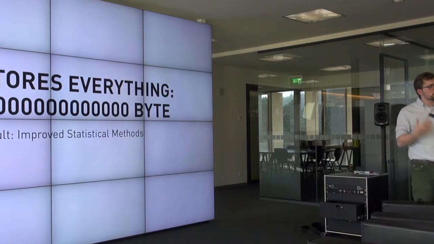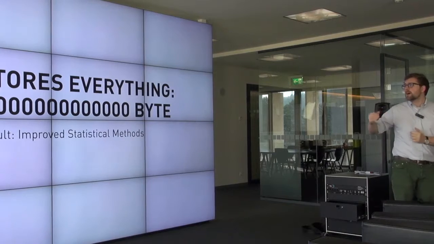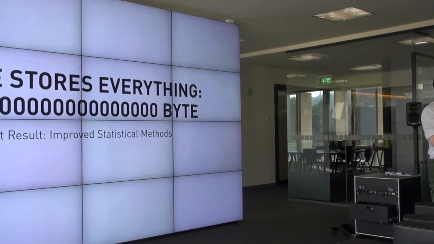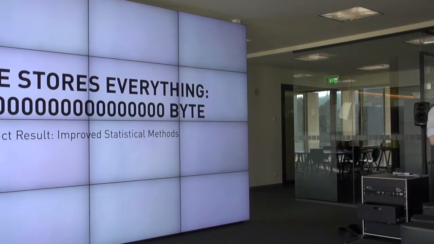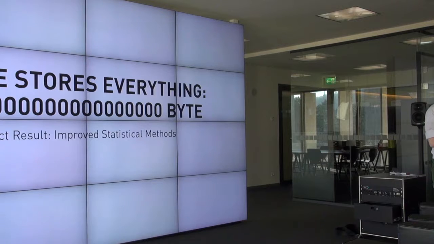And the indirect result of this movement is that all of this electronic information is not volatile like the telephone calls before. Now we can record everything, and we do record everything. So if you look at Google, it has 10 exabytes of data. So this is a billion terabytes, to imagine this.